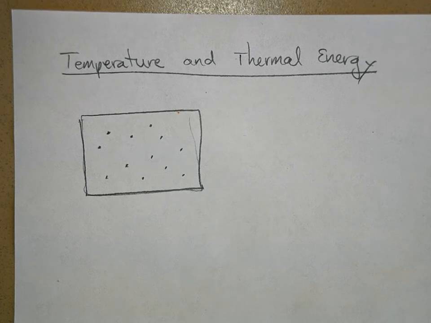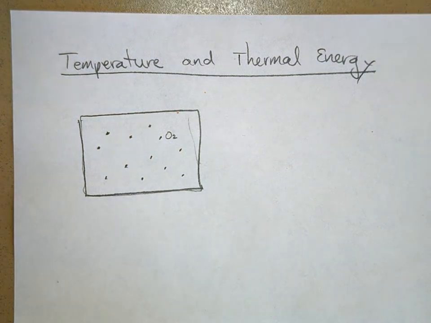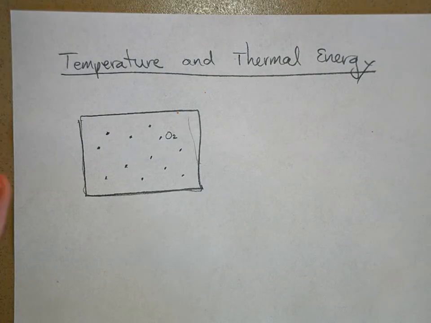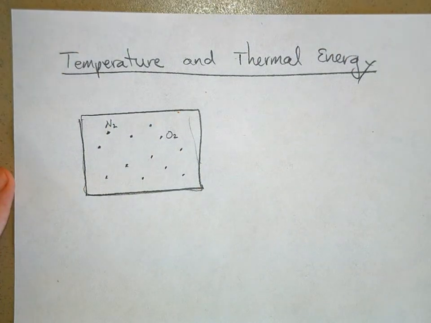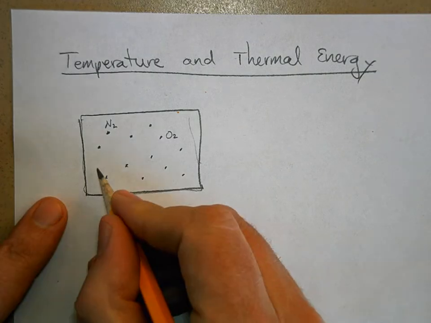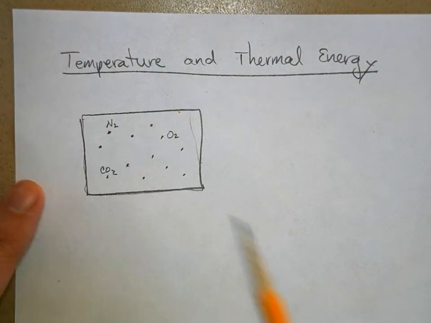Okay, there's oxygen molecules, O2. Maybe this will be an O2 right here. And then there's a lot of nitrogen, N2, and a little bit of carbon dioxide, CO2. And these have different masses.